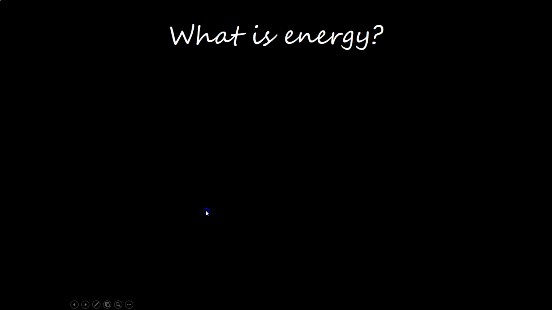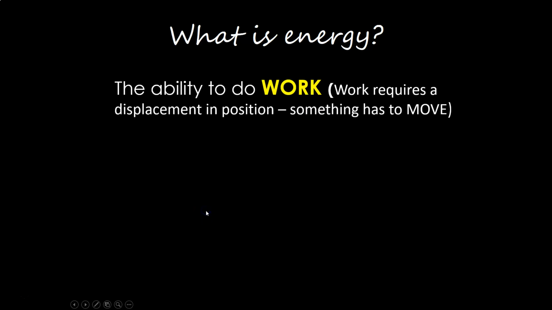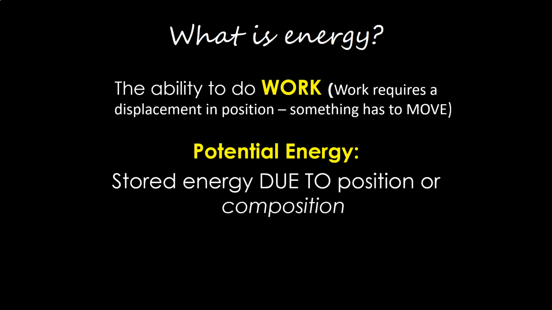So energy is a pretty generic term. If you want an official definition, it's the ability to do work, which means that an object has been moved. Okay, it's a very physics type of a definition. There's two types of energy. We could have energy that is stored due to the position.